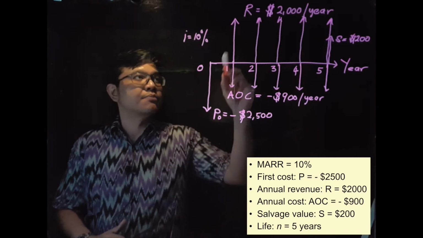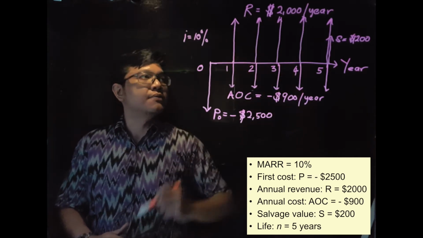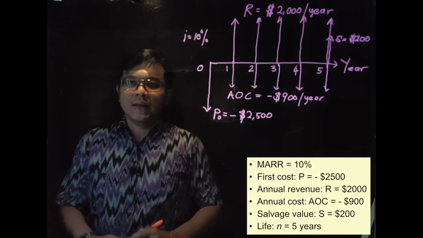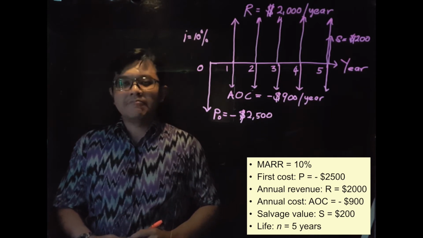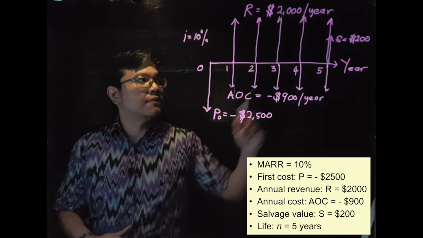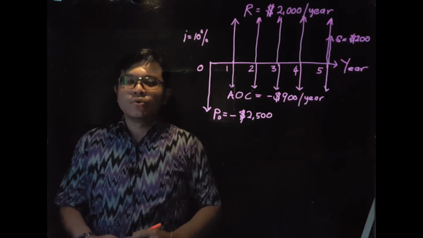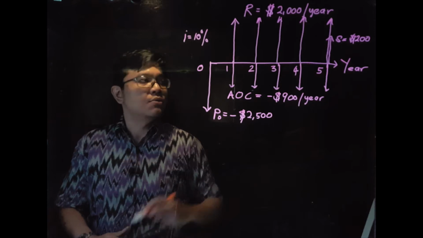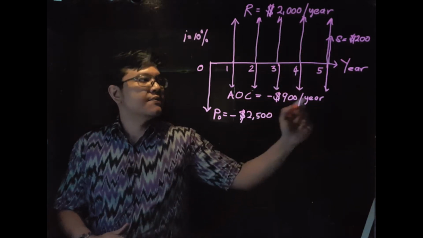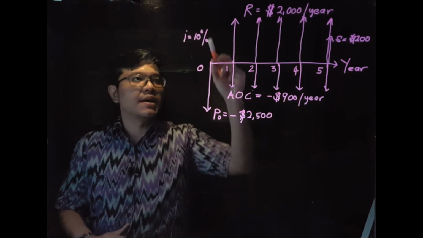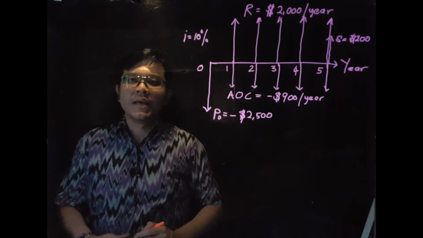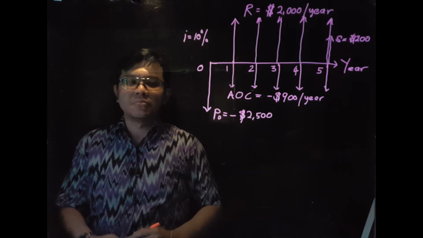It also has a projected annual revenue of $2,000 per year, and at the end of its 5-year lifetime, it has a salvage value of $200. Interest rate is at 10% per year. In this present worth analysis, we will convert all these cash flows into present worth value at T0 and see if it's bigger than 0.